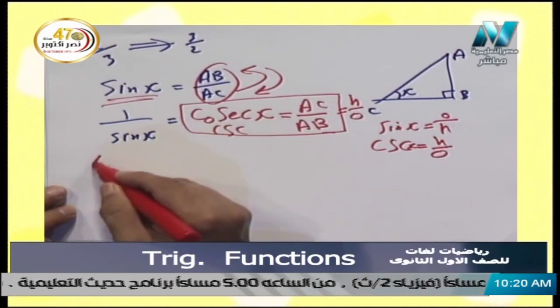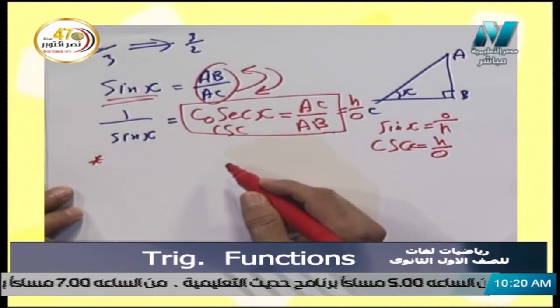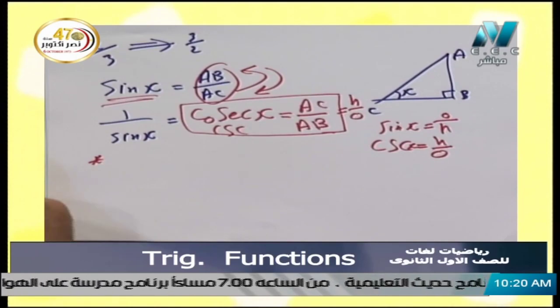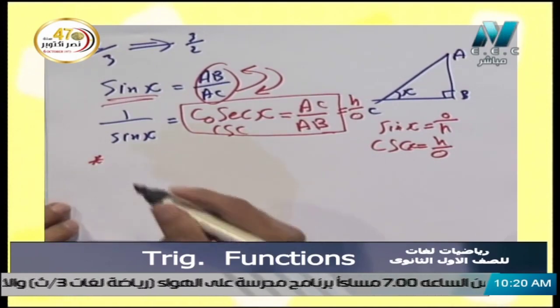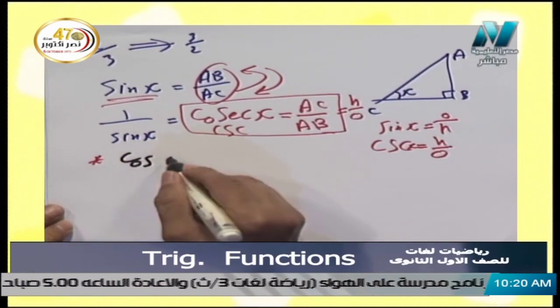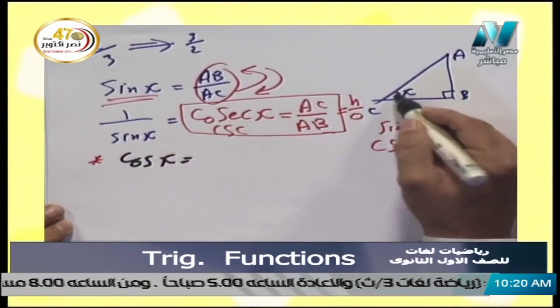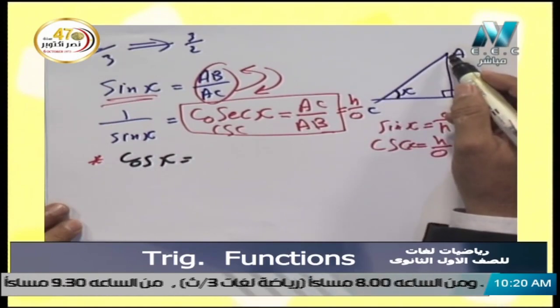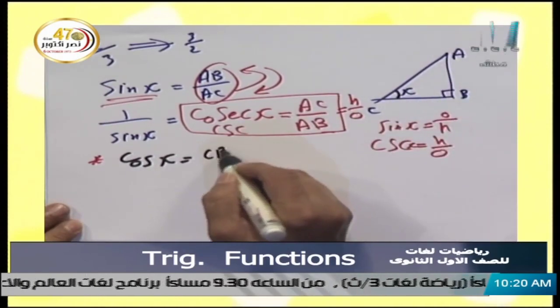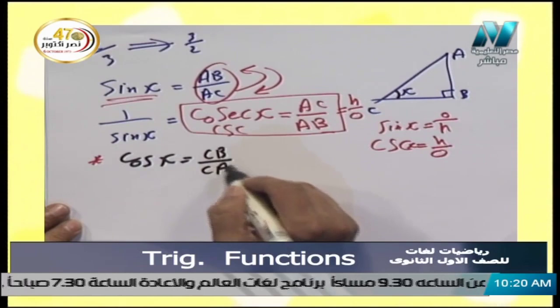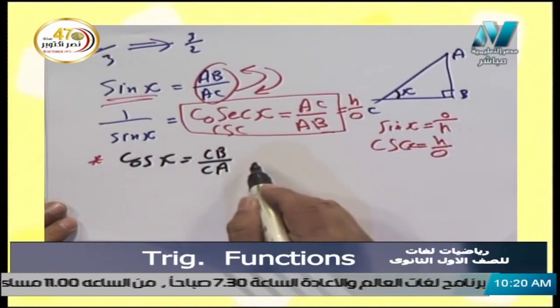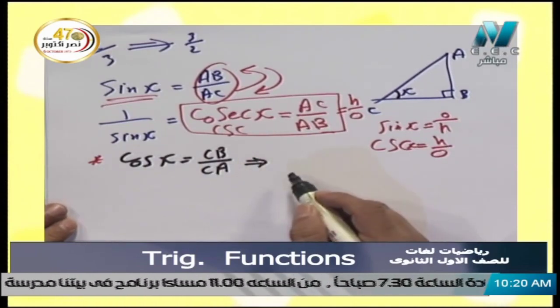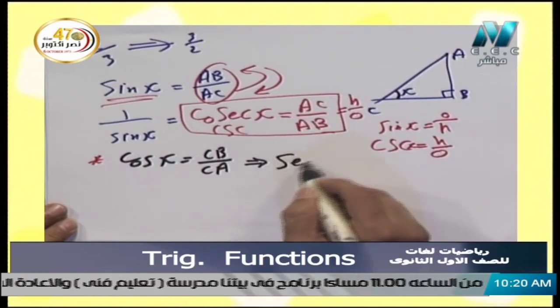Okay, let's move to the reciprocal of cosine. We have here cosine of the angle x, cosine x equals adjacent over hypotenuse, which is CB over CA, and we have its reciprocal, which is sec.